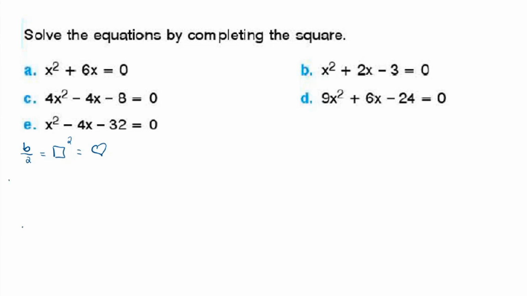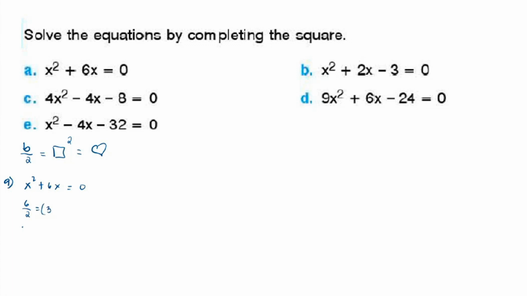Now, for example, letter A, I have x squared plus 6x is equal to 0. So a there is 1, so we just follow this formula. We have to find right away the value of b and then divide by 2. So the value of b there is 6, so therefore 6 divided by 2 equals 3.